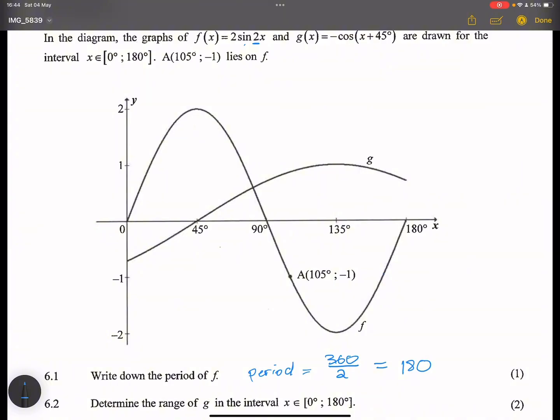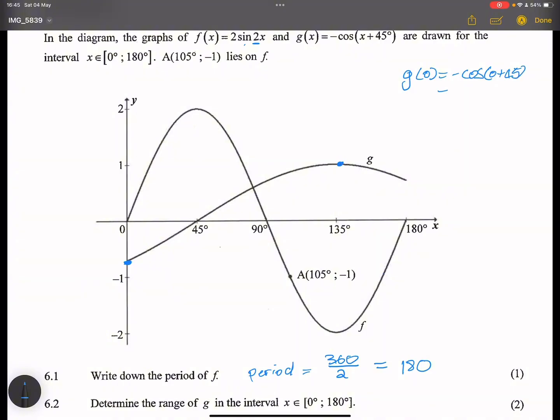Now note in this case, when we look at the graph of g, there it is, it starts over there, and the maximum value looks like 1. But to find the value at 0, that's the minimum value, what I'm simply going to do is take g at 0. So that will become minus the cos of 0 plus 45, which is 45.